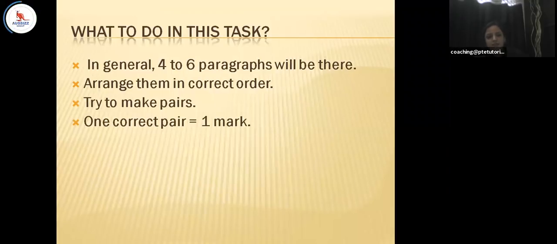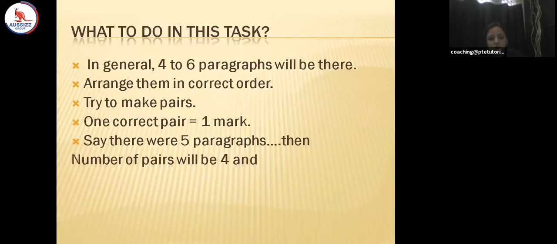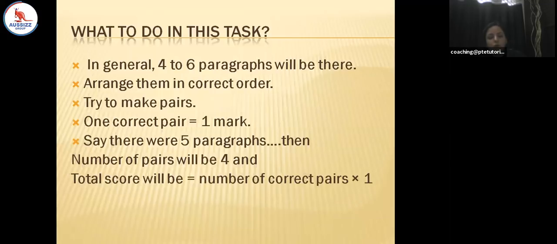One correct pair is equal to 1 mark. It is given in the PTE score guide, which you can download from Google. So, how many marks will I get from reorder paragraphs? I have taken one example here: if there were 5 sentences, the number of pairs will be 4, and the total score will be the number of correct pairs multiplied by 1.